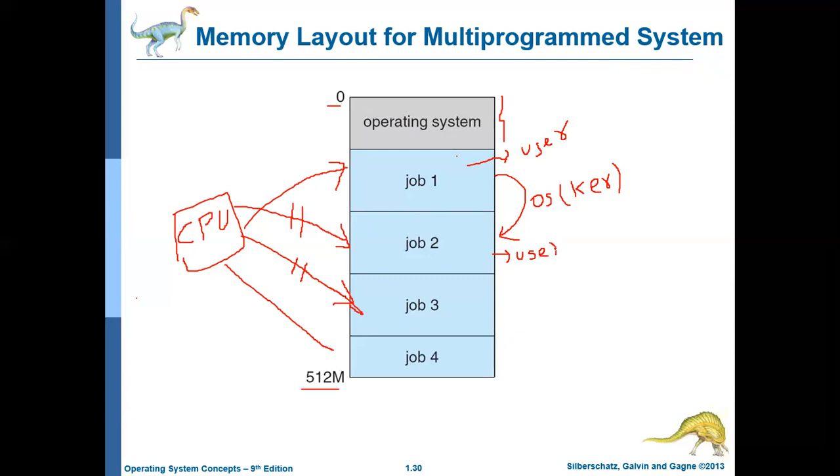Whereas switching within a thread is not controlled by the operating system, it is controlled by that particular process itself. So if you have two threads, thread 1 and thread 2, and you are switching from one thread to another, that is not controlled by the operating system. It is controlled by the process itself, so it is actually a lightweight task.